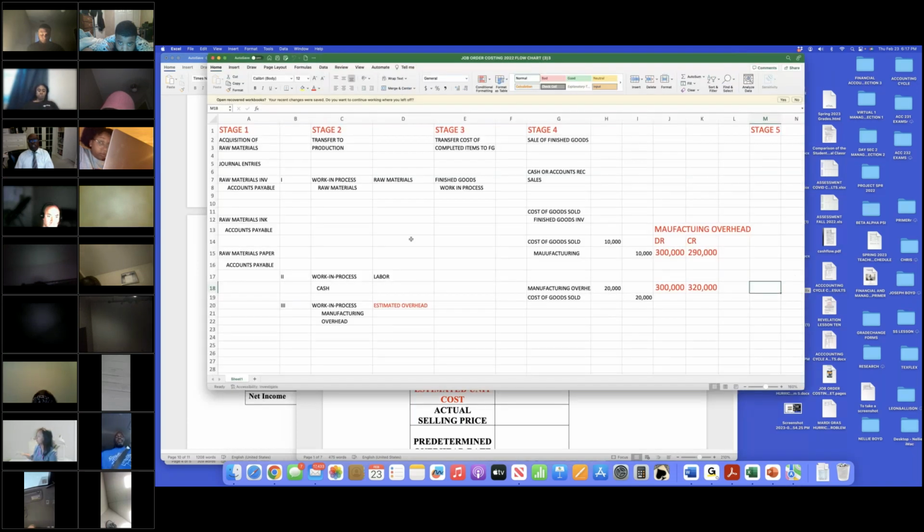This is just a spreadsheet that shows you stage 1, stage 2, stage 3, stage 4. So it shows it differently, and it's just showing these journal entries that are in here. So I'll review it with this, but I'm just showing you how these stages are working, and we're moving those costs all the way across. That's what a manufacturing company does.